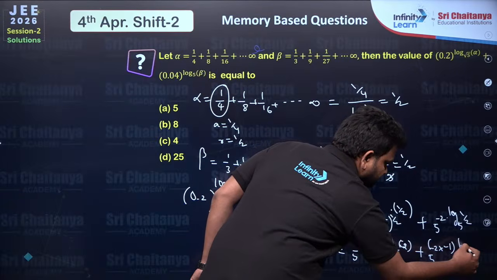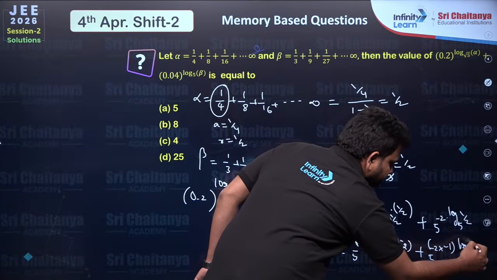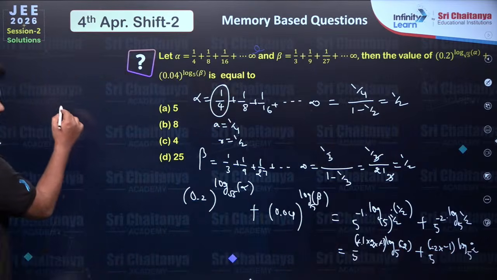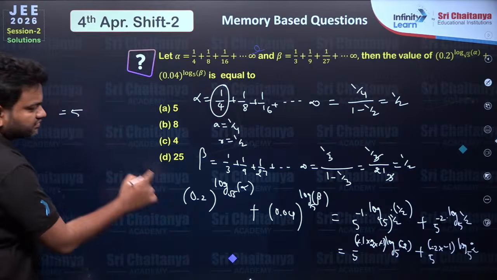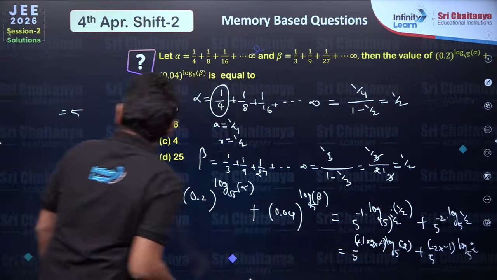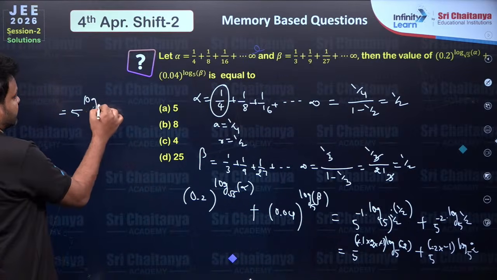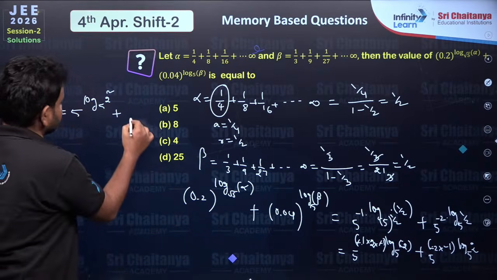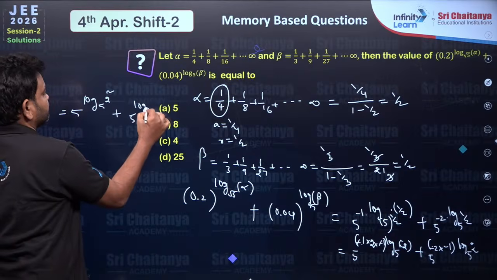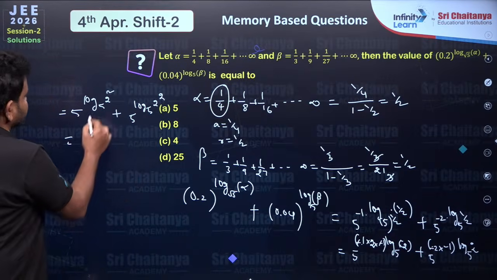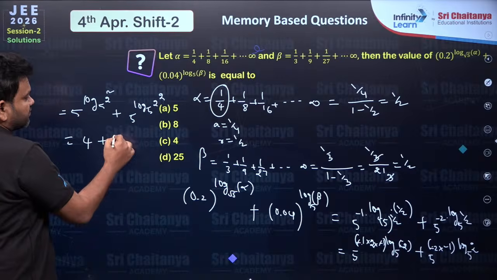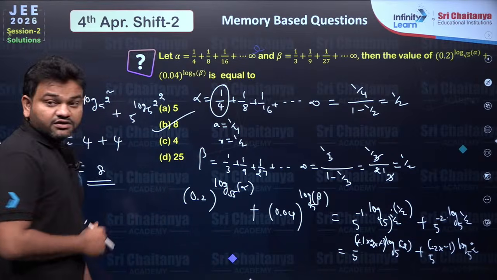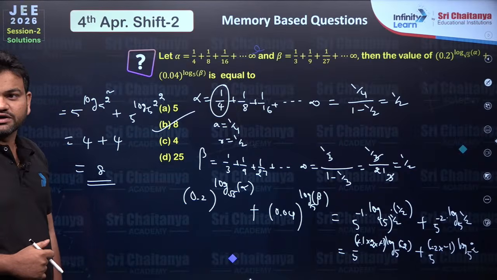So 2 into minus 1, and log base 5 of 2, so minus into minus is plus. So that is going to be 5 power log base 5 of 2 power 2, and the same happens with the next one, 5 power log base 5 of 2 power 2. So this is going to be 2 power 2, 4, and 2 power 2, 4. Overall the value of this is going to be equal to 8. So 8 is the final answer we are going to get here.